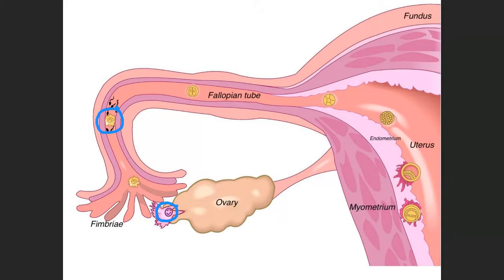It's important to realize that it has to occur really early because of the 10 days it takes to traverse the fallopian tube. So by the time it gets to the uterus, it'll be this multi-cell blastocyst that is mature enough to properly implant into the endometrium.